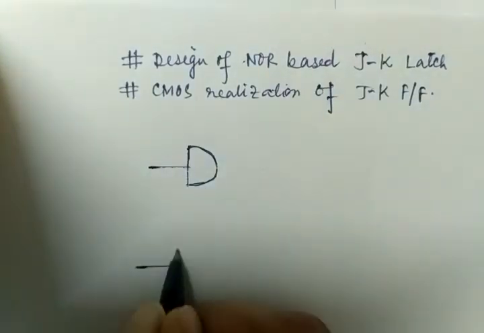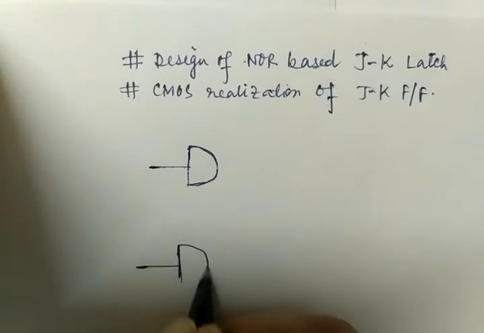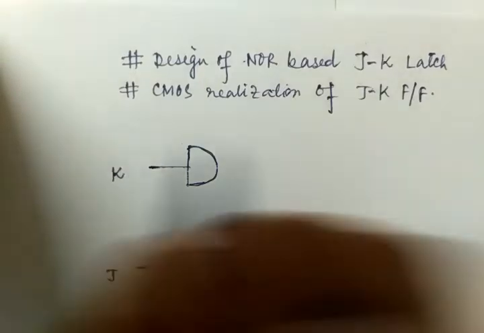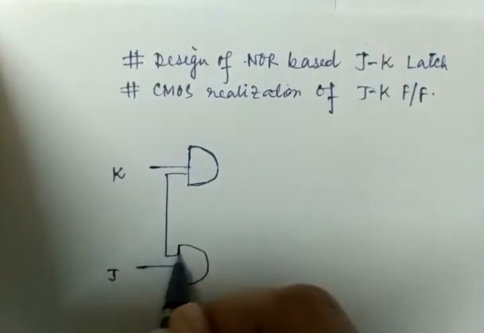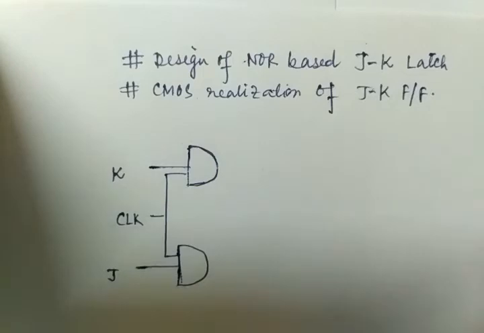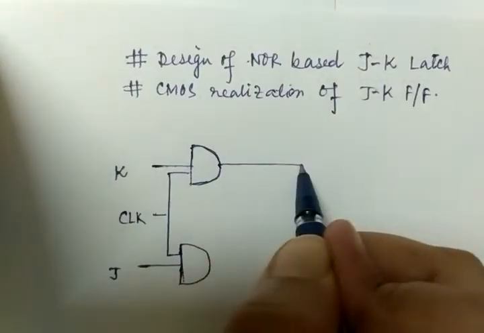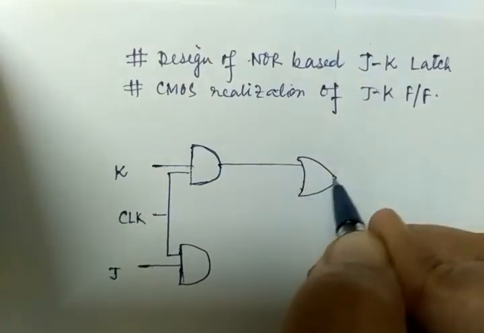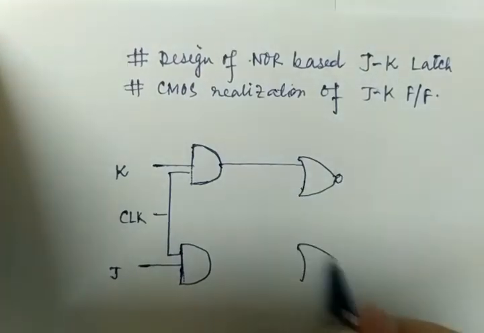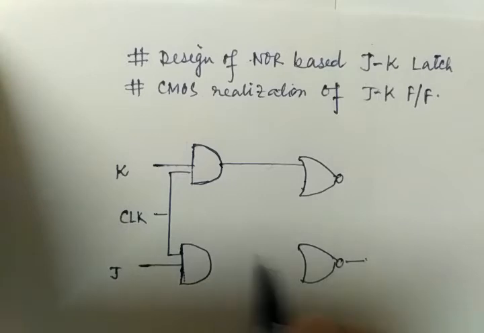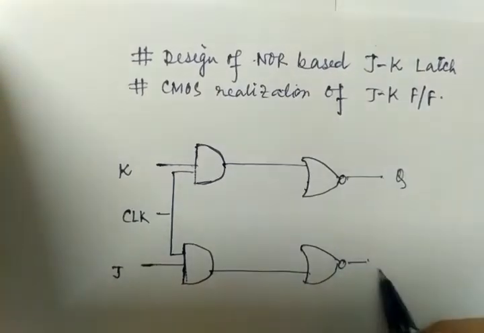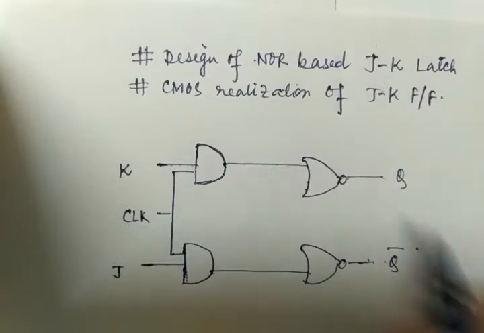So what is the schematic that is first needed for CMOS implementation? And please verify from any digital book, I am again saying. So this is your J and this is your K and this is your clock. I am designing this NOR based, you can do it NAND based also. So this is Q and this is Q bar.